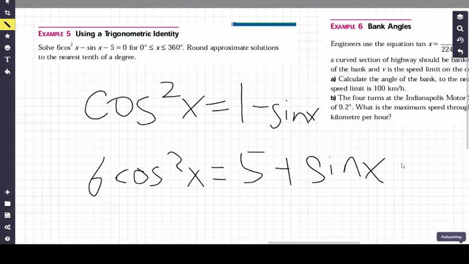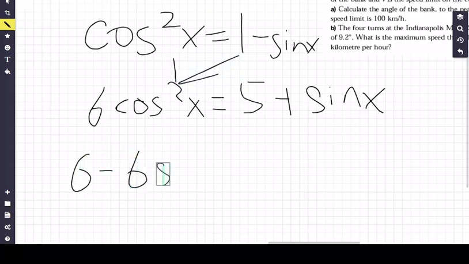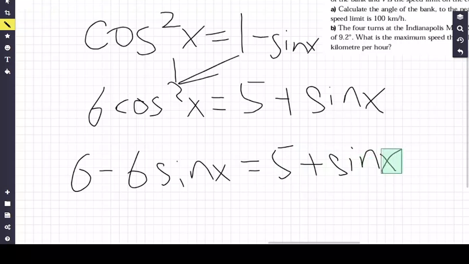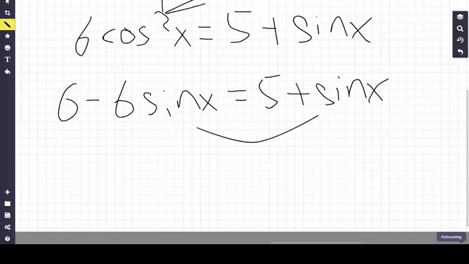So let's look at it. Cos squared x is equal to 1 minus sine squared x. So I'm going to substitute this in here. So now I'm going to have 6 minus 6 sine x is equal to 5 plus sine x. Right? Now we collect the like terms. So this becomes 7 sine x is equal to 1.